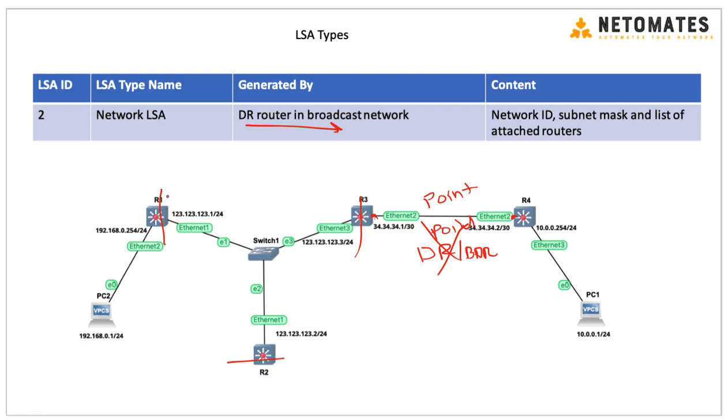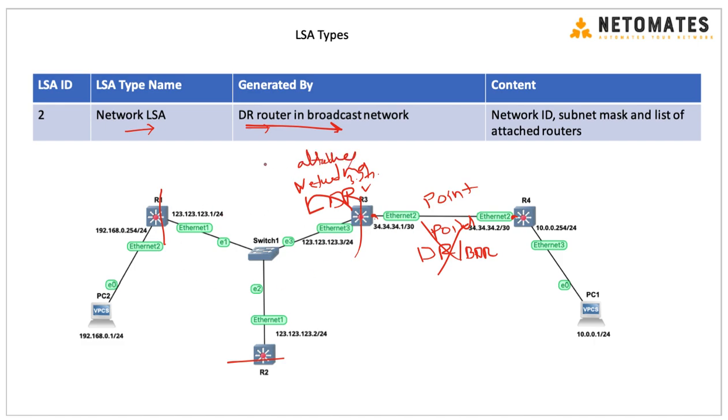Okay, so in this topology, R3 will be selected as the DR because by default the OSPF priority is 1, and R3 has the highest router ID, which is 3.3.3.3. This type of LSA, the network LSA, is only generated by the DR. It will inform all other routers within the same area of the network ID, the subnet mask, and the attached routers in that particular topology.